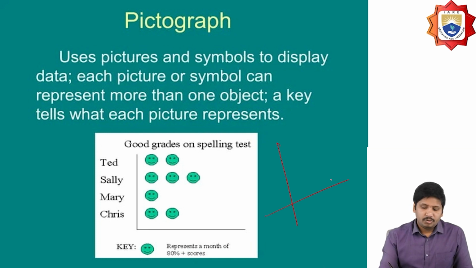Suppose I'm going to represent the number of persons in 2000, 2010 and 2020. I want to represent the number of people in the year 2000, that is, the population. That's how I can present a diagram.